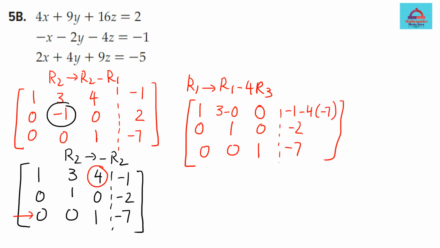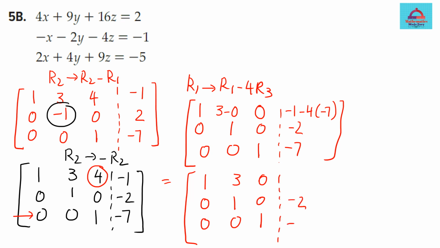Okay. So next step, we get 1 0 0, 3 1 0, 0 0 1. So this is 28, 7 4s are 28 minus 1, 27, and yes, we just need to change this 3 now.